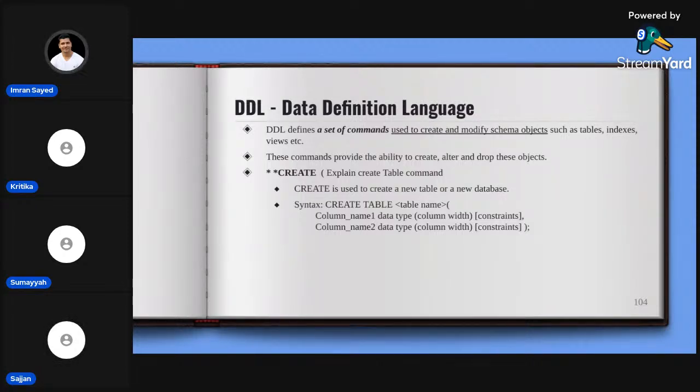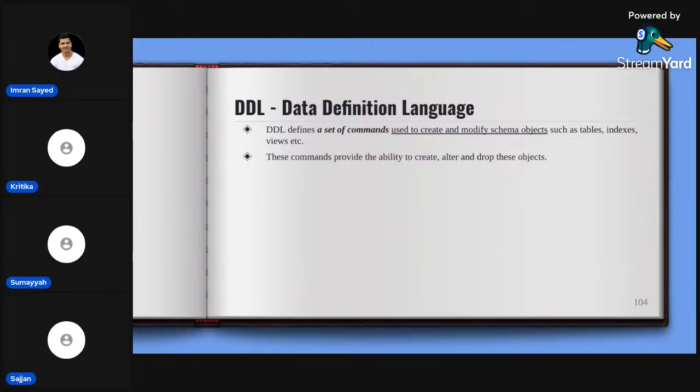Okay. Kritika, tell me what does the create table command do? It creates a new table. Can it create a database also? Yes. Okay, so may I have the syntax for this?